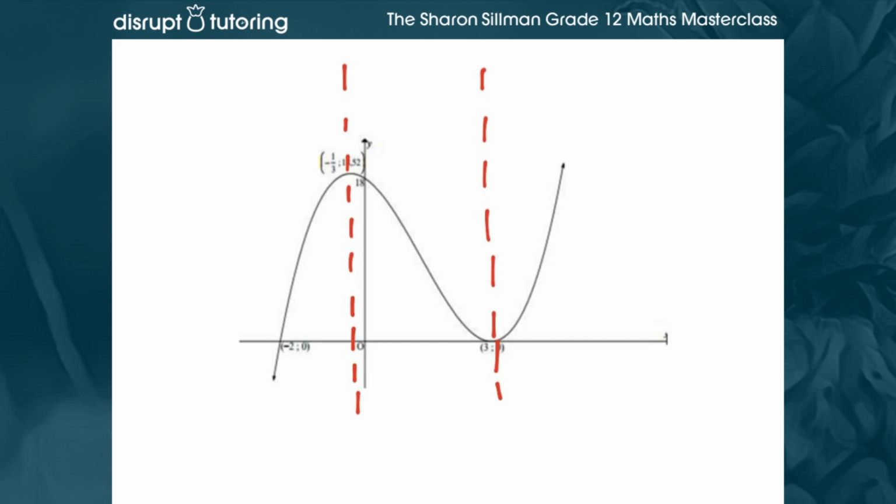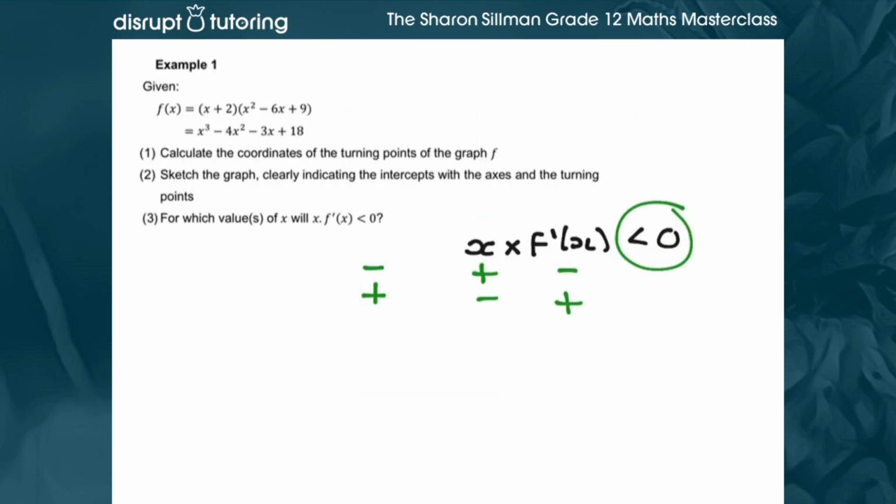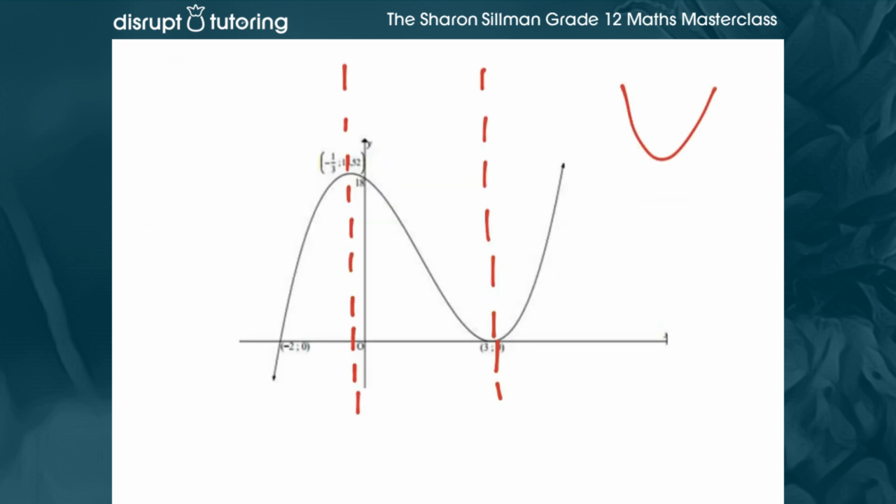Because the cubic function was increasing to start, the derivative function will be a positive one. So now we want to try and draw that function onto here. And we know that our x-intercept should be here. So the function would look something like that.